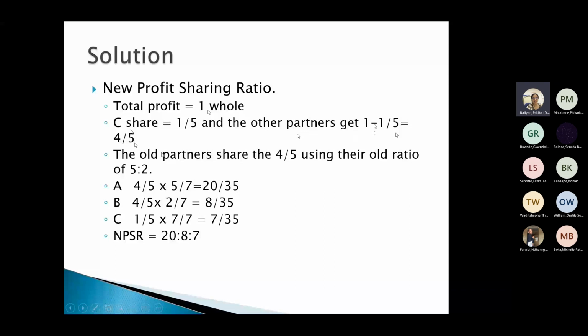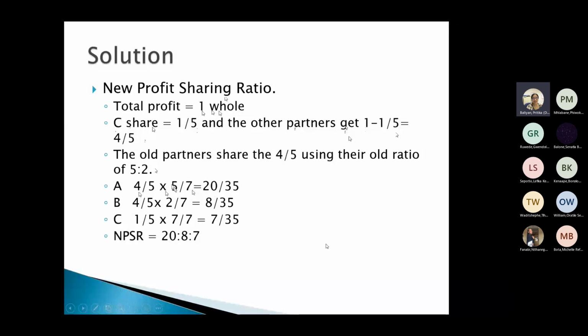This 4/5 is according to the new profit sharing ratio. So how much is this 4/5 in terms of the old ratio? Partner A has the proportion 5 over 7, so 4 over 5 times 5 over 7 gives 20 over 35.